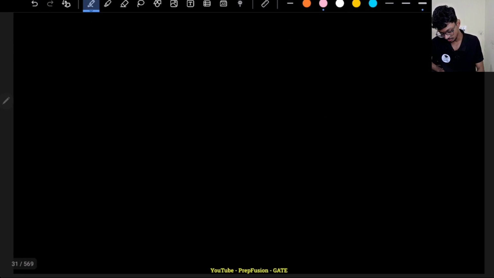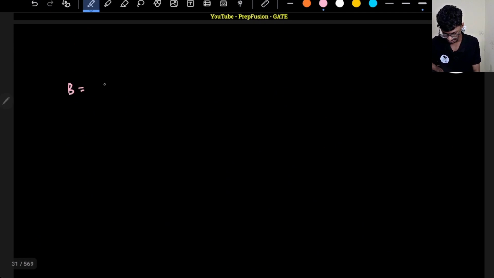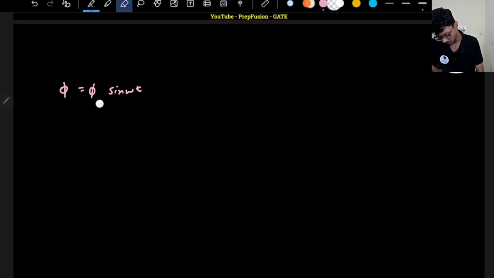So if my flux is sinusoidal, B is some Bm sin(omega t), correct? Or my flux also will be some phi_m sin(omega t), the per pole flux, right?